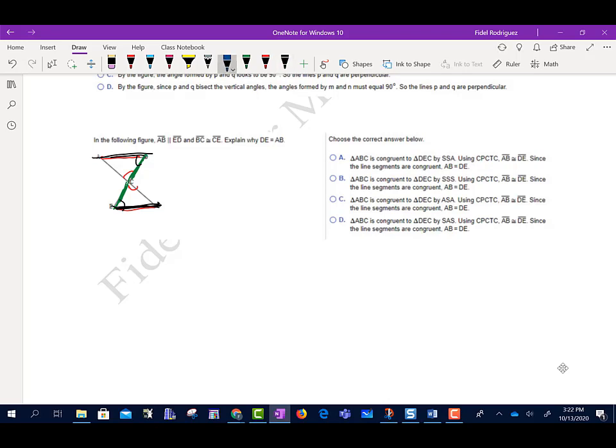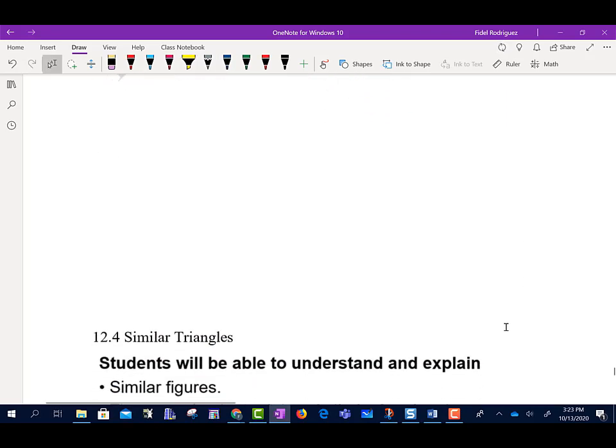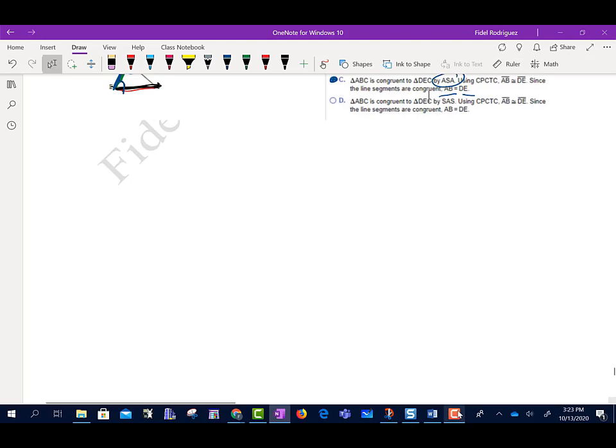So we know that these triangles are congruent by angle, side, angle. So I'm going to look for angle, side, angle. It's part C. And then corresponding parts of congruent triangles are congruent, since the line segments are congruent. AB is equal to DE because of the angle, side, angle, right? And that was 12.3.